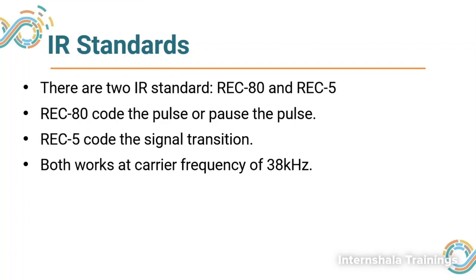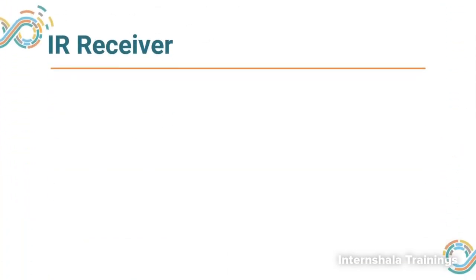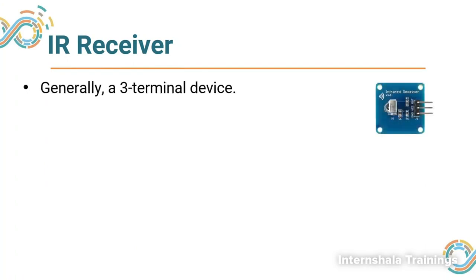There are a few more carrier frequencies which are specifically used by some companies for their appliances. The IR receiver is the second important component of these applications. Here we have three pins: one for ground, one for VCC, and one is output. The output is connected to our microcontroller to give the information about the decoded value.